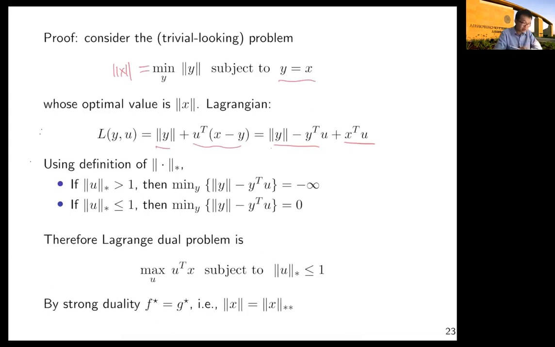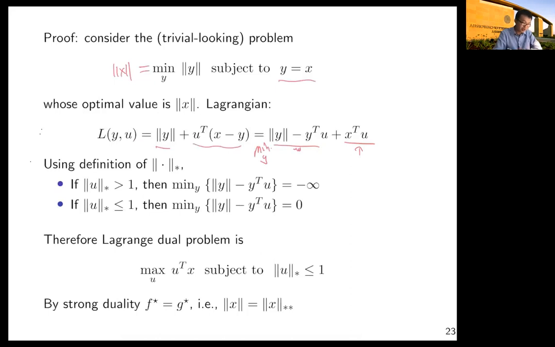Okay, and in order to construct the dual, we need to minimize this over the variable y. This term has nothing to do with y, so we are left with just this term.